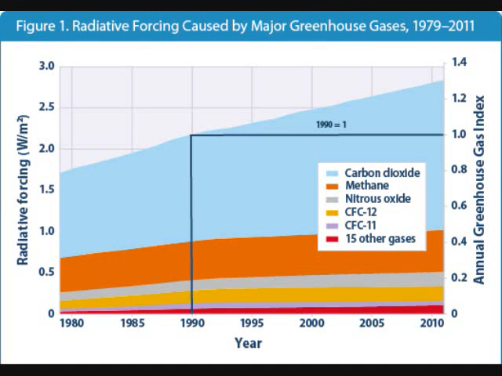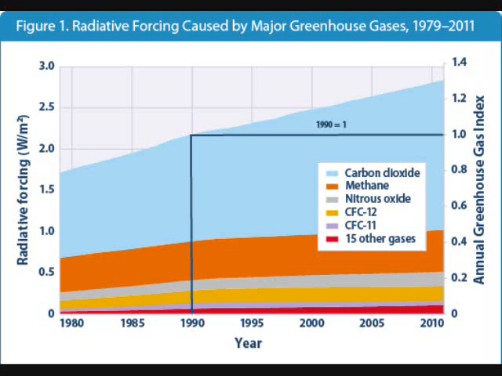This last slide, and I'm going to stop after this, is the major greenhouse gases and their global warming effect on the atmosphere. This starts in 1979, going to 2011.